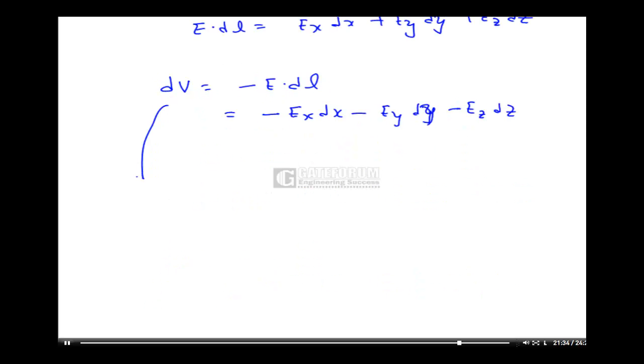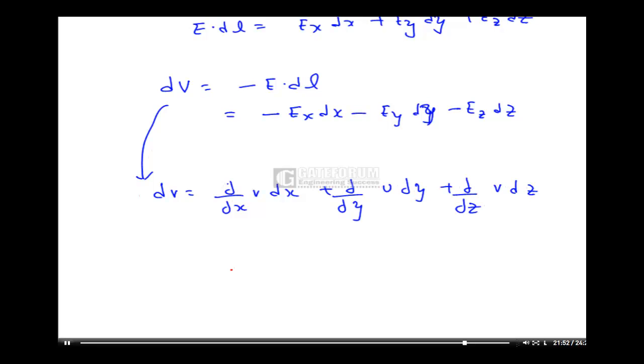But how can I define dV? dV I can write as dou by dou x of V dx, plus dou by dou y of V dy, plus dou by dou z of V dz. This is the differentiation property for writing a differential quantity dV.